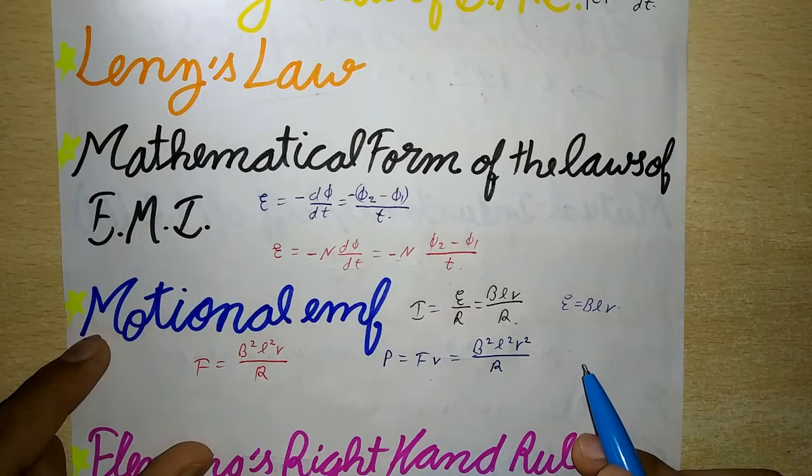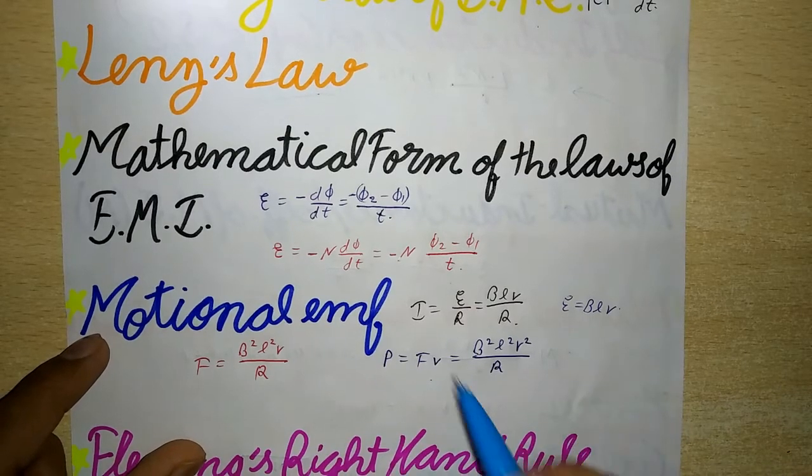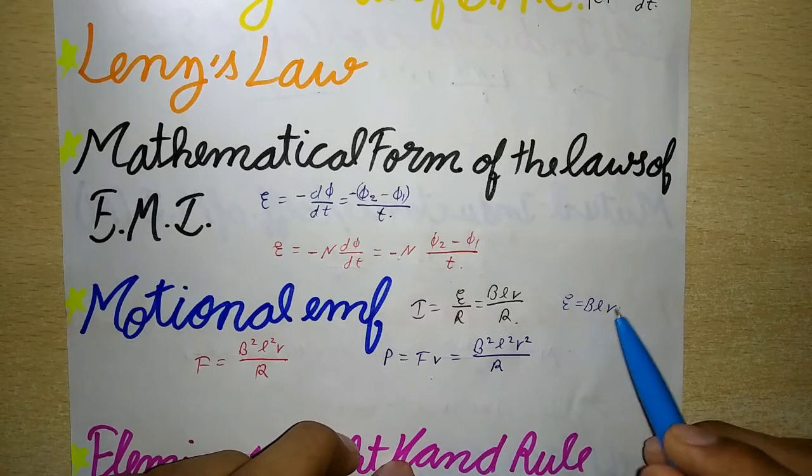If a conductor of length L moves with velocity v in the magnetic field B perpendicular to both its length and direction of the magnetic field, then the EMF induced across its ends is given as E is equal to BLV.